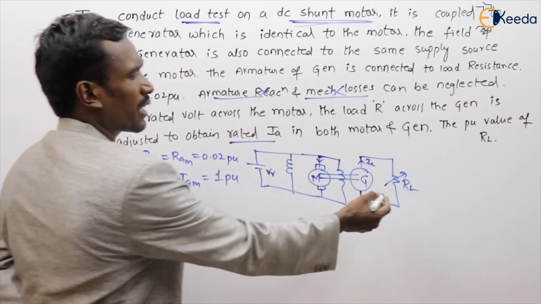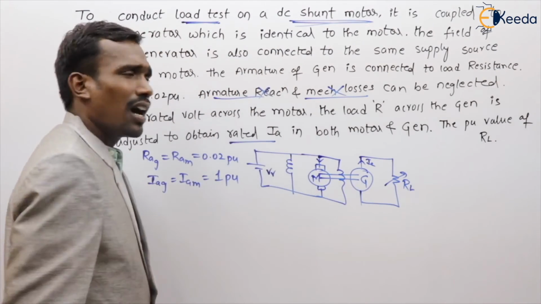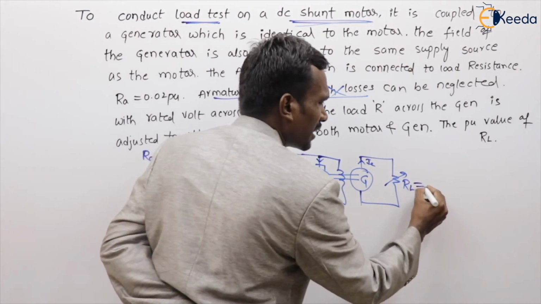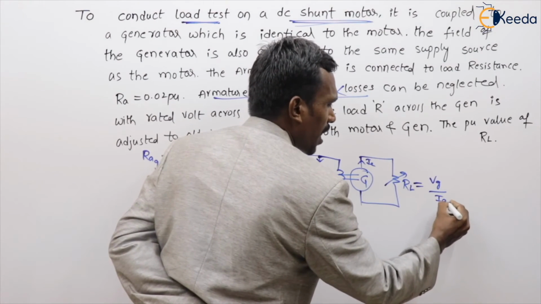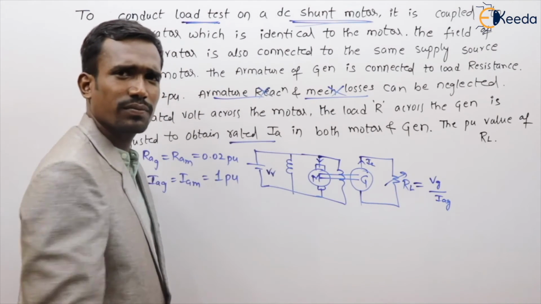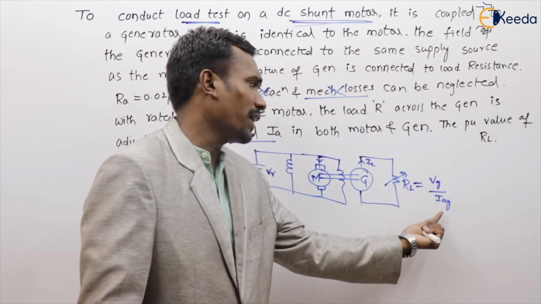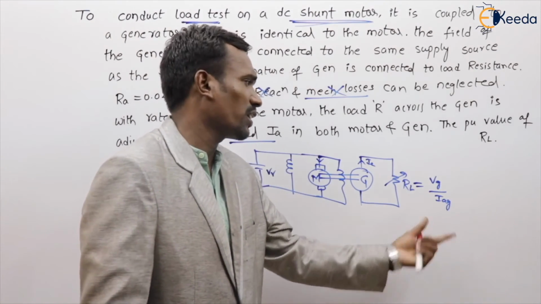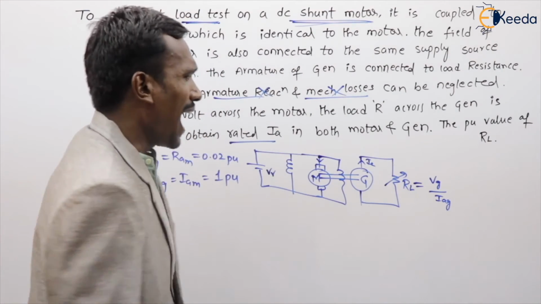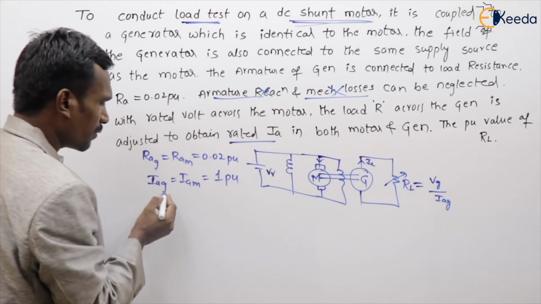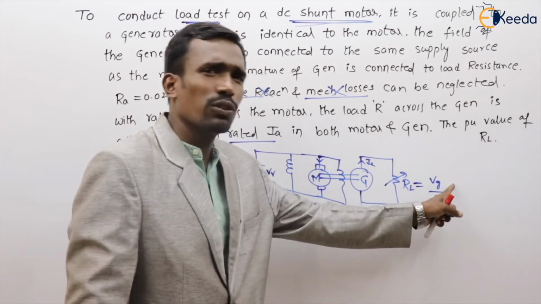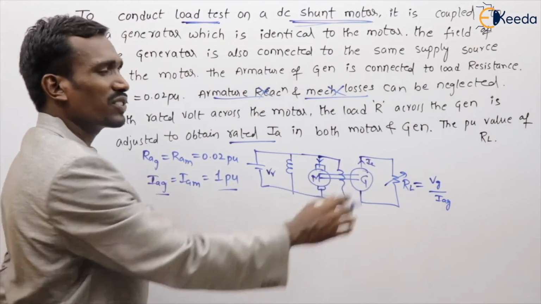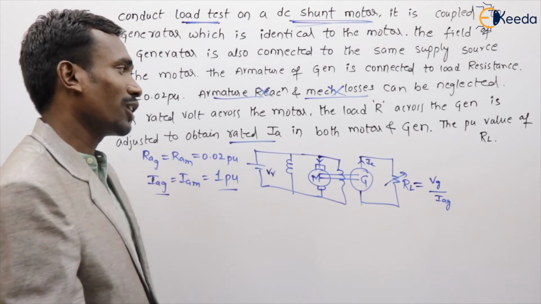Now I have to calculate RL. RL is the terminal voltage of the generator divided by the armature current of the generator. The armature current of the generator is 1, it is already given. Now I have to find the terminal voltage of the generator.